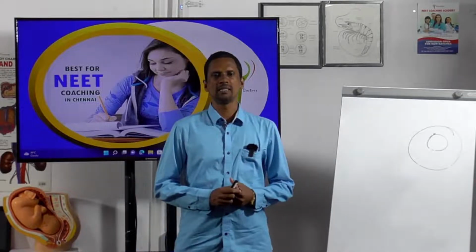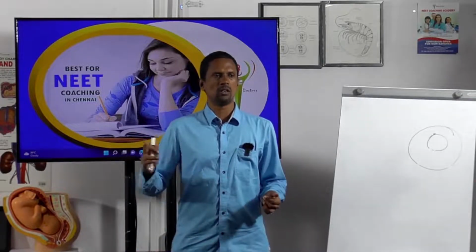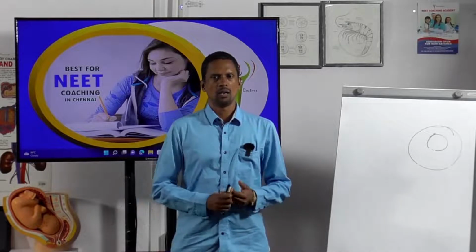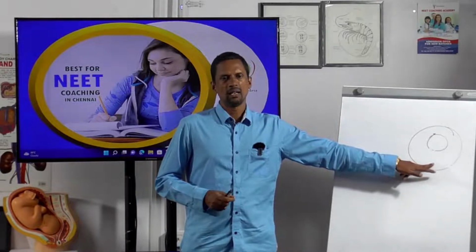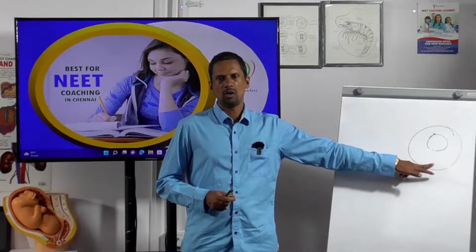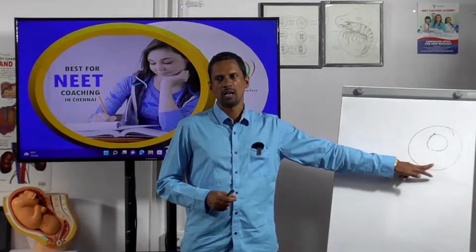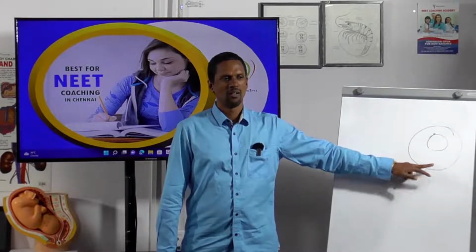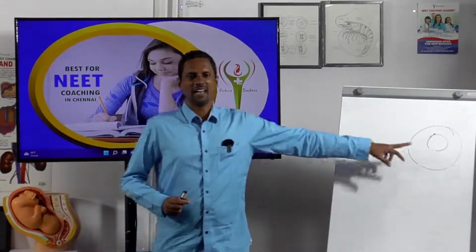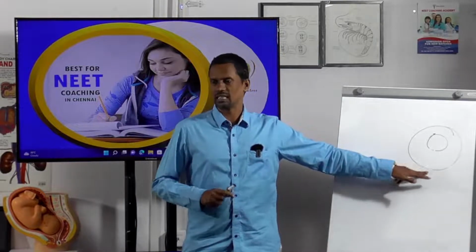0. So 1 plus 0 will constitute the 1, and this one is the negative. What is the charge now? It will be the electron. Electron will have the negative charge, which is minus 1.